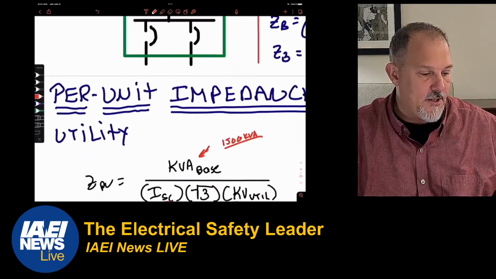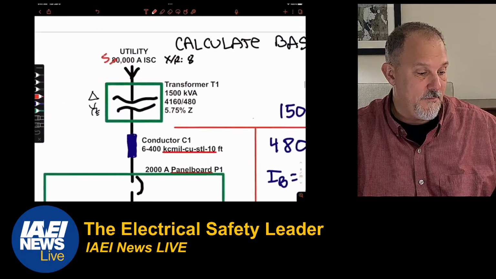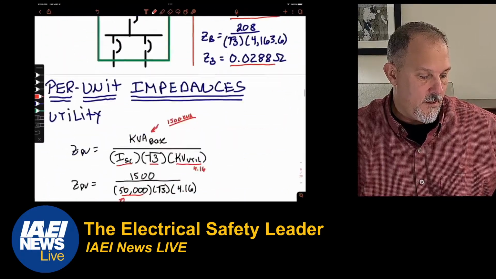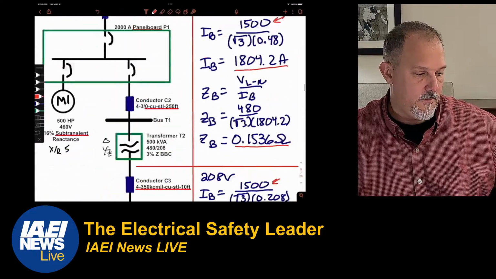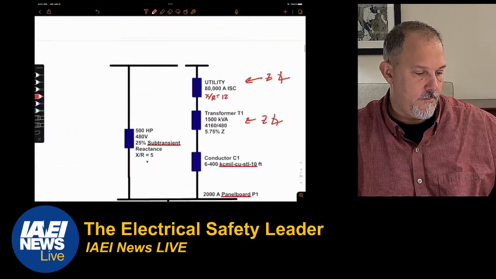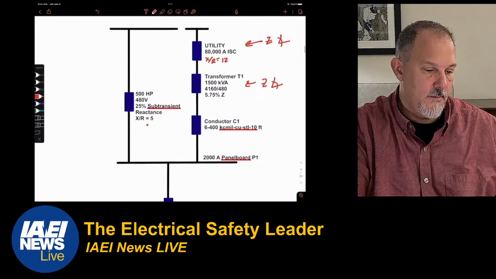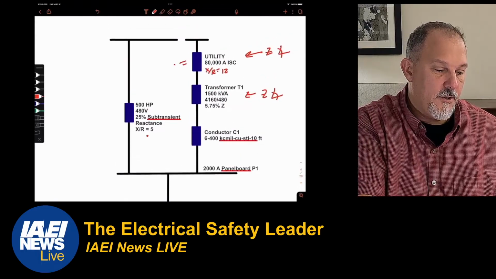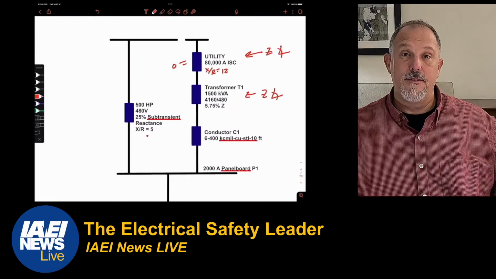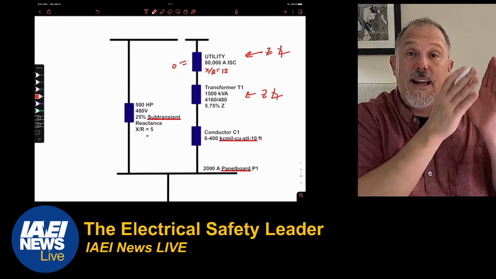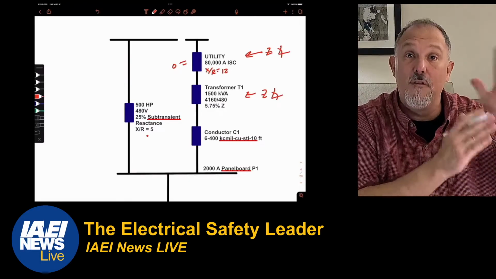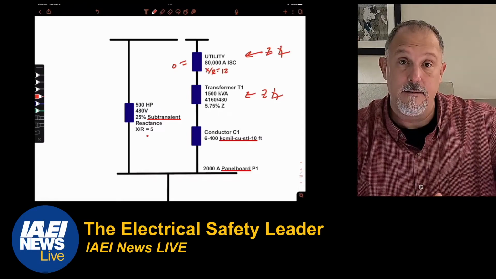And then what happens to my impedance diagram? Where's it at? Here it is. This goes to 0 and it just disappears. And I'm at the maximum amount of fault current because I have 0 impedance for the utility.